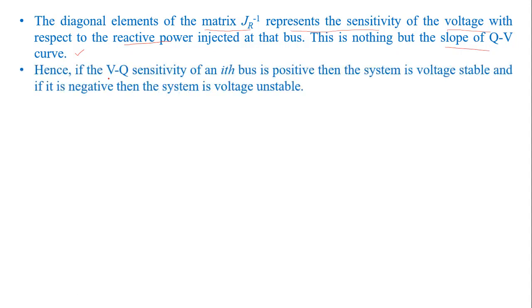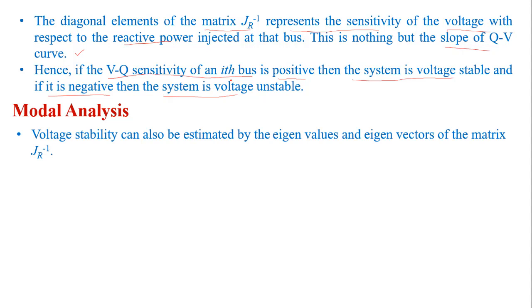Hence, if the VQ sensitivity of the ith bus is positive, then the system is voltage stable, and if it is negative, then the system is voltage unstable. So from this equation we can find very easily the sensitivity of voltage with respect to the change in reactive power injection. So let us now do the modal analysis.